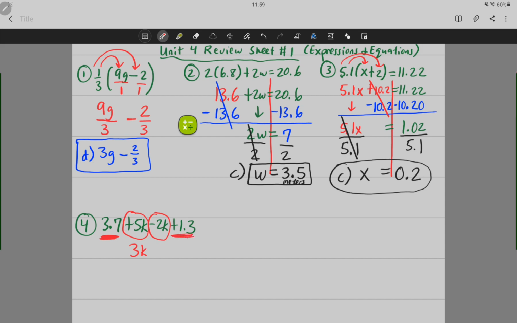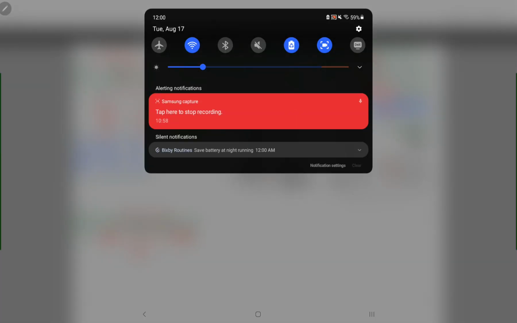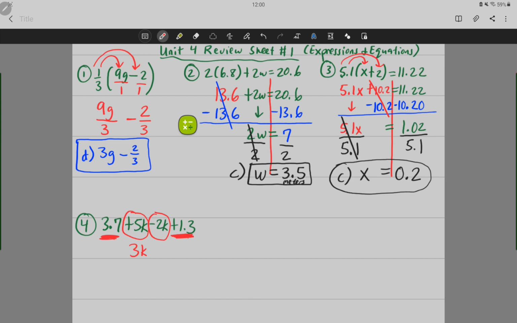and plus 1.3. So notice how I did something different to group the terms. I underlined the constants and I chose to circle the ones with the variable. I did that because they're not all like terms, so I couldn't circle all of them.